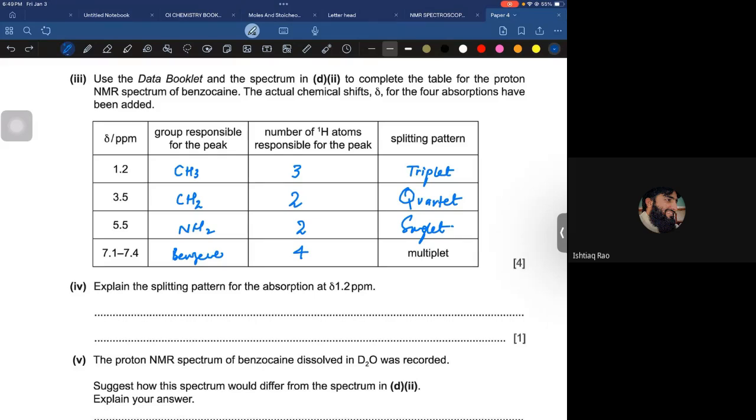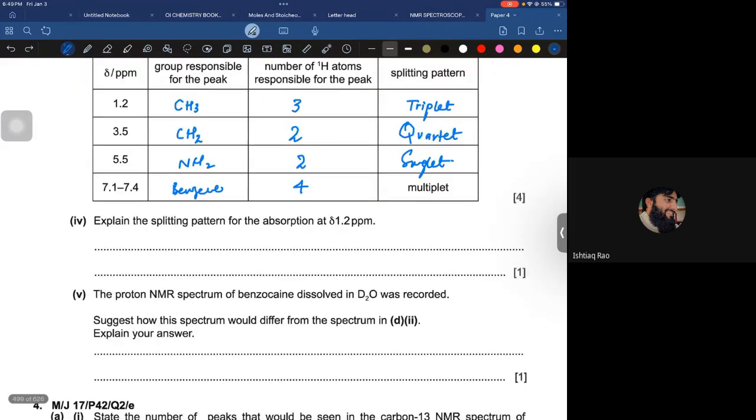So you would say that 2 hydrogen atoms are present in the neighbor.